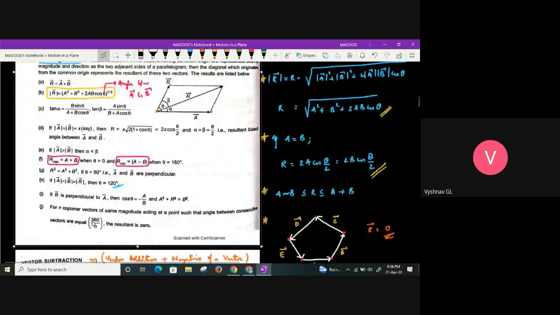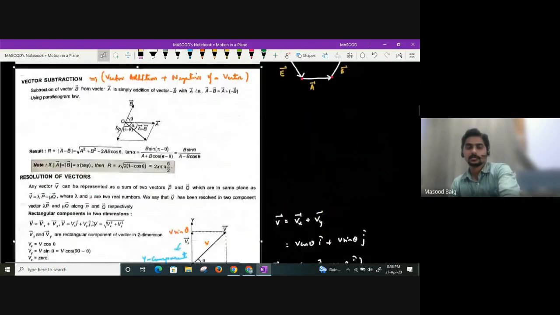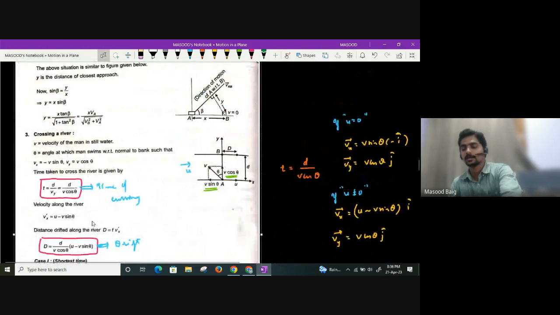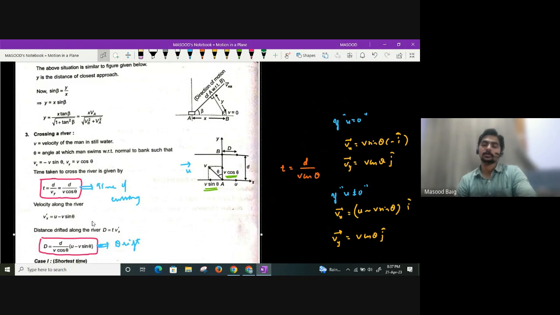Right, so we have discussed vectors as well as relative motion. In relative motion, three concepts are there actually: the rain problem, distance of closest approach, as well as the river problem. The rain problem and distance of closest approach can be done with examples maybe tomorrow. But for the river problem, there are important things you need to remember.